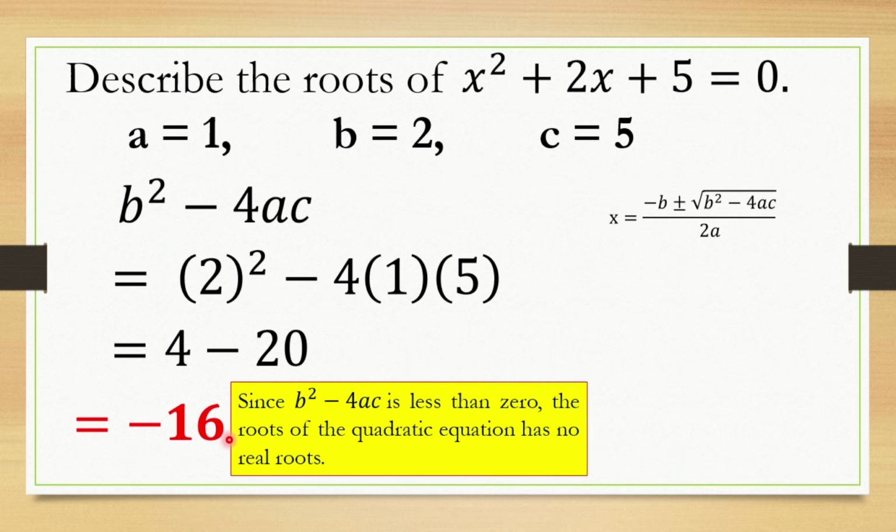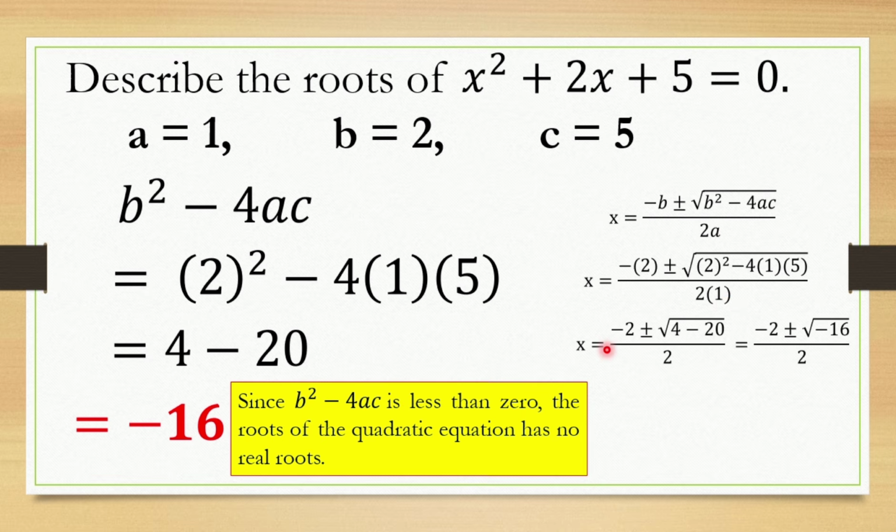I-prove natin using quadratic formula. So, let us substitute the values. So, we will have, ganun ulit. So, substitute si b, that is 2, positive or negative square root of 2 squared minus 4. Our a is 1, c is 5, all over 2 times a, which is 1.